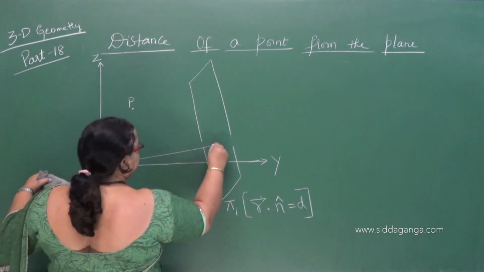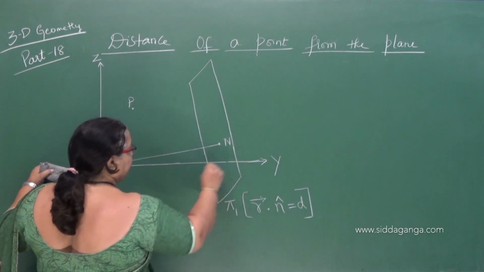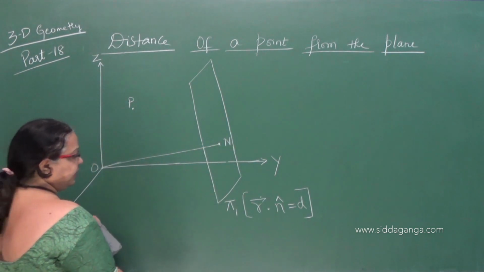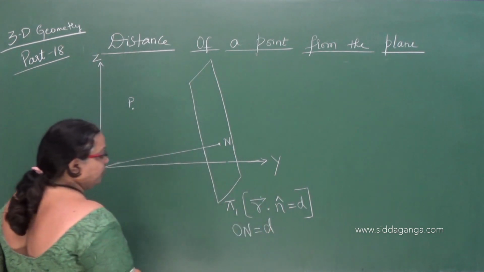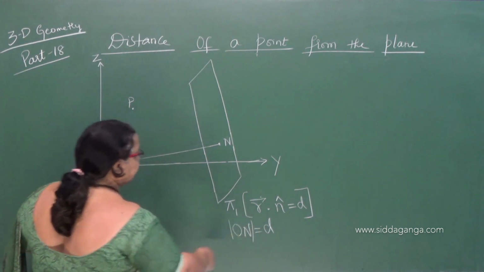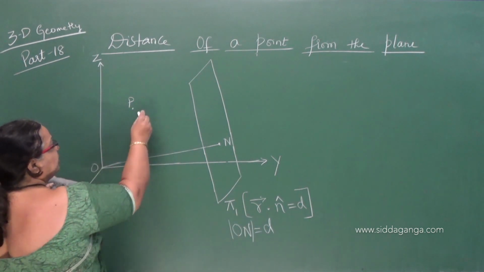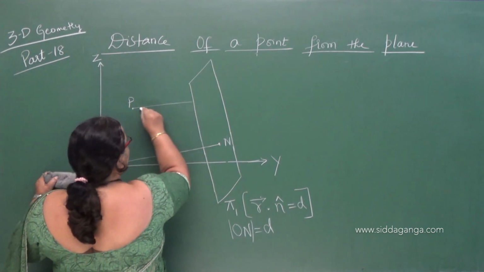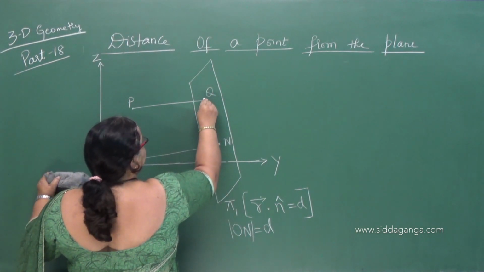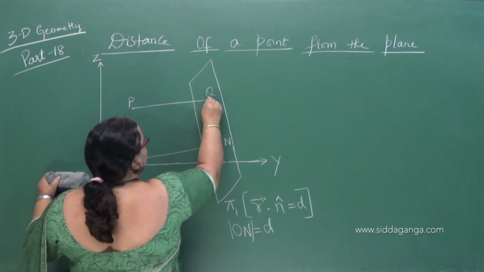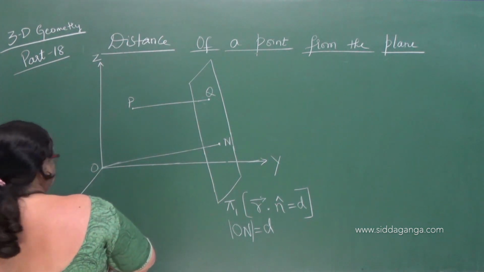That is, you take ON, ON distance is nothing but d according to theorem 1. So now this is the given point. We have to draw a perpendicular to the plane. So you take that point as Q. Now this point is Q. We have to find the PQ distance.